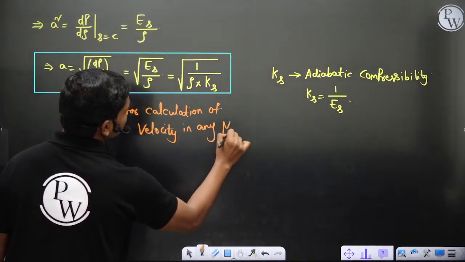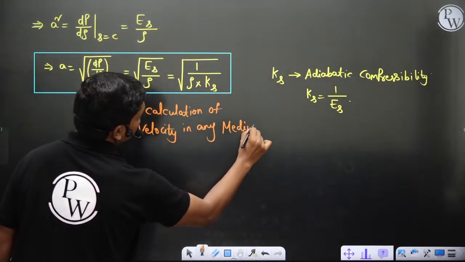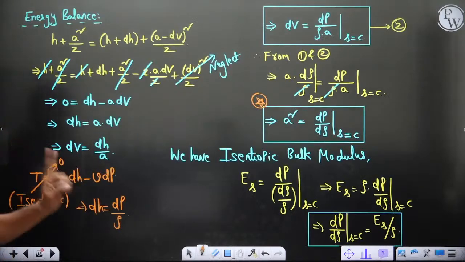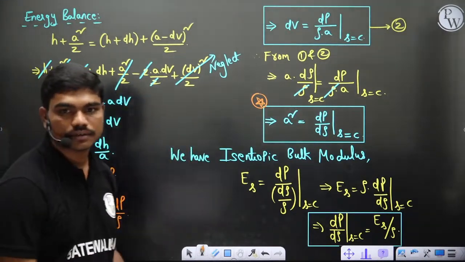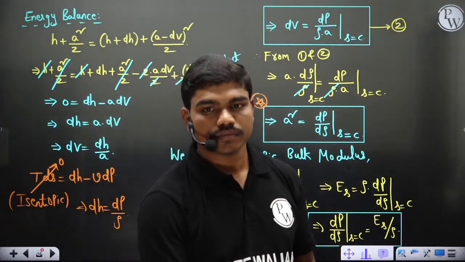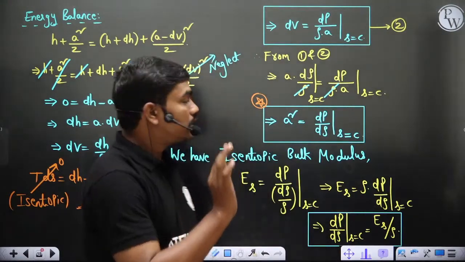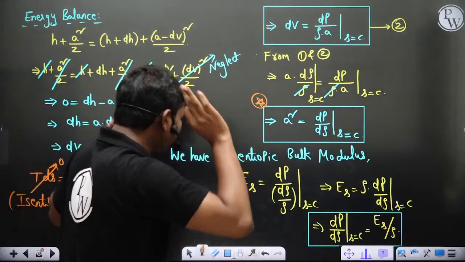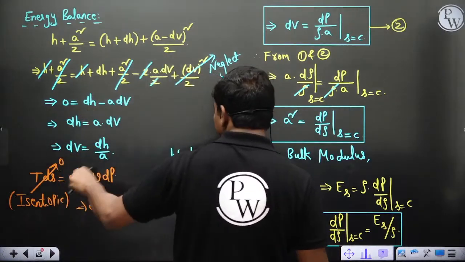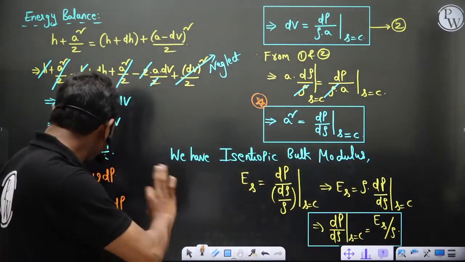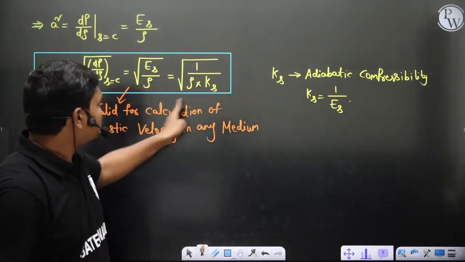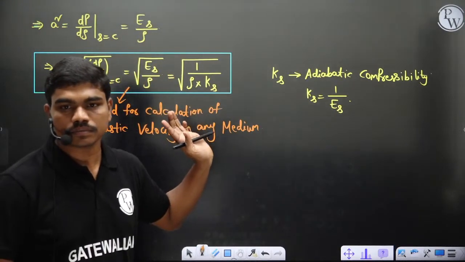Doesn't matter whether it's a gas or liquid, because I have never converted this dH in terms of Cp into temperature anywhere in this equation. Did I use, you can see the complete equation, I have never used dH is equal to Cp into dT at any point. This is completely and purely based on enthalpies, and this is the expression that we have here.